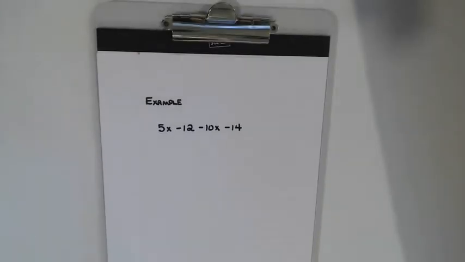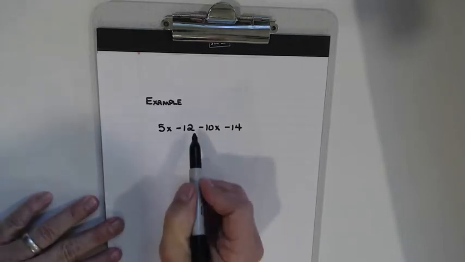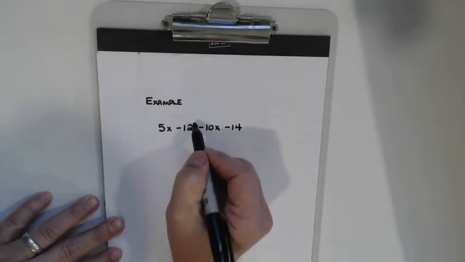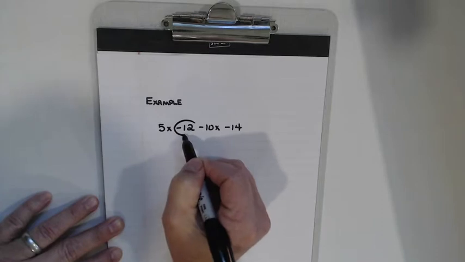We're all leading up to something that looks like this. You use these rules when they give you expressions or equations that need to be simplified. You use these kind of rules so that you can do things like this. Where are the integers in here? Well, I've got a 12 and I've got a 14. What kind of 12 is that? It is a negative 12.